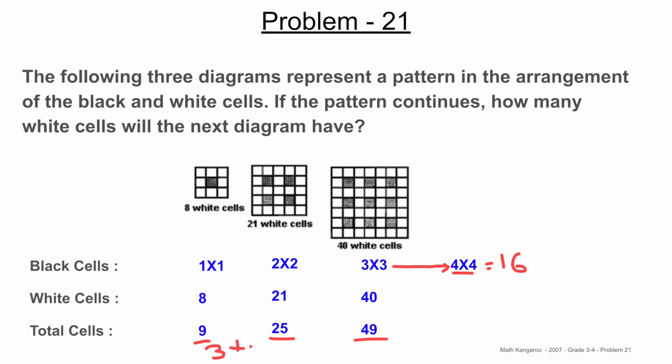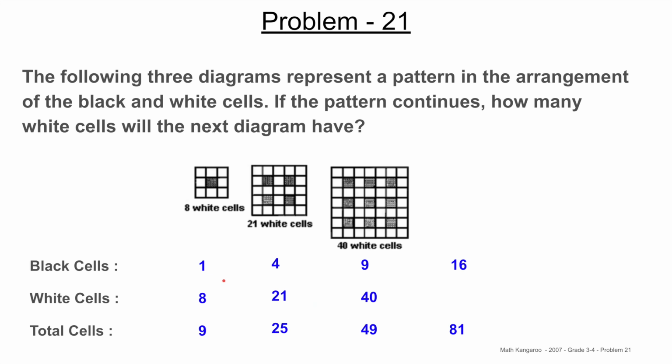If we add 2 to it, it makes 5. 5 squared gives us 25. 5 plus 2 gives us 7, and 7 multiplied by itself, or the square, gives us 49. Now 7 plus 2 gives us 9, and 9 multiplied by 9 gives us 81. So our next number would be 81. This is how it looks: 3, 5, 7 and 9.